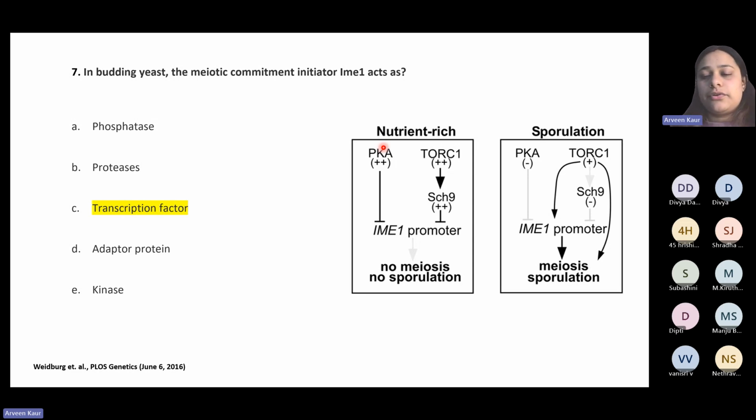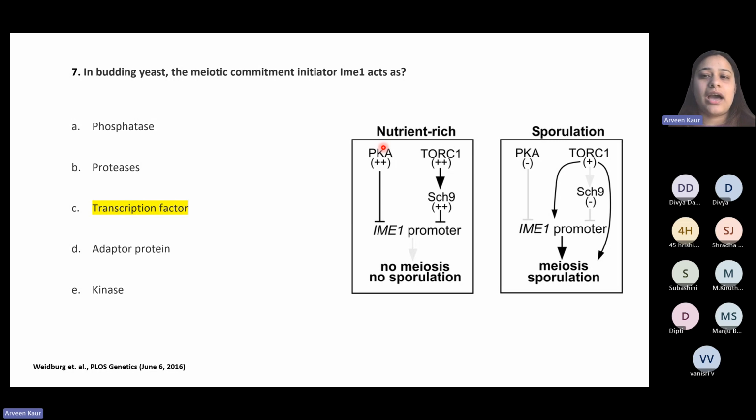Somebody from a non-cell biology, biotechnology, or zoology background might have a little problem understanding why, when we have nutrients, we are not producing gametes, and when we are in nutrient deficient conditions, we are producing gametes, right? That is not what happens in higher organisms, right? For example, in mammals, such as dogs, cats, or even humans, that is not the case, right?